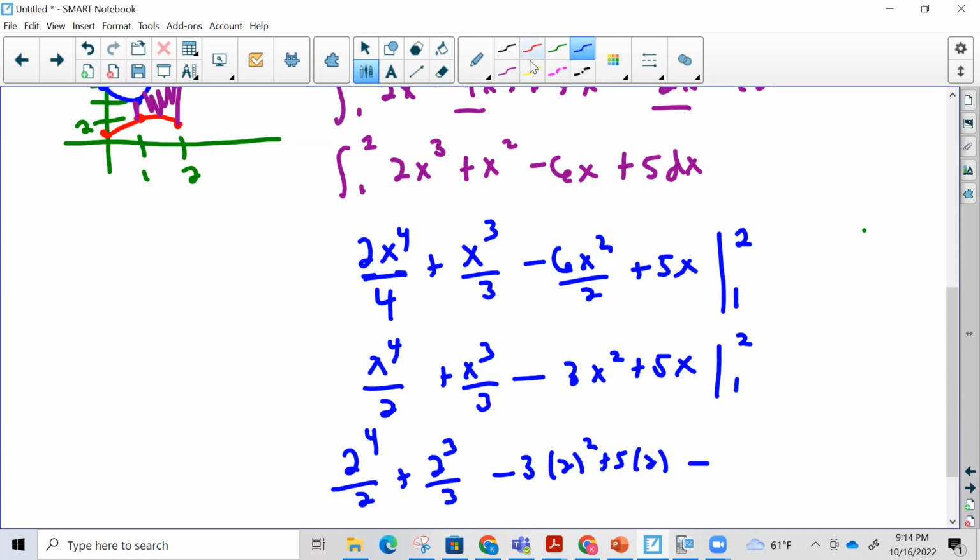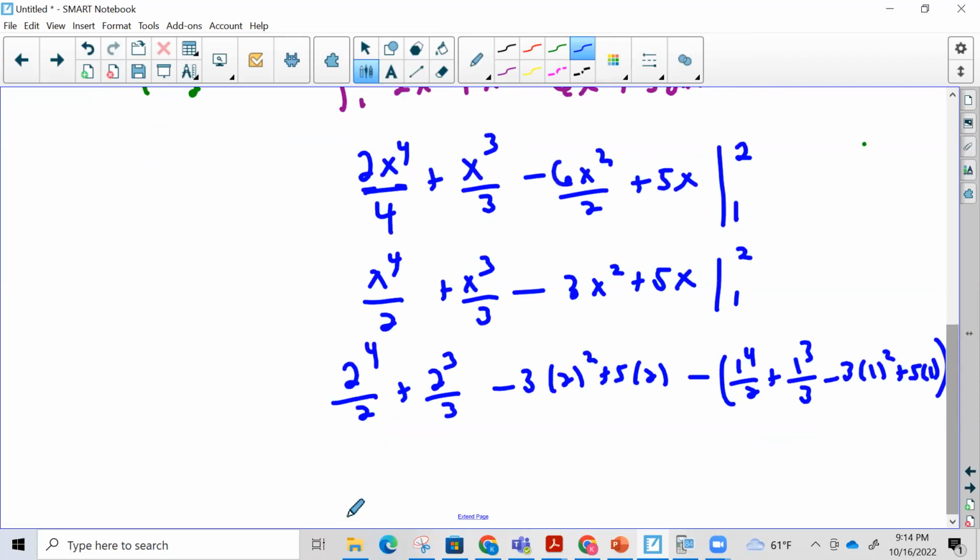Minus, and then I'm going to do the lower bound. So put it in parentheses, 1 to the 4th over 2, 1 cubed over 3, 3 times 1 squared, and then 5 times 1. So I just put this in my calculator. So take a minute to do that.